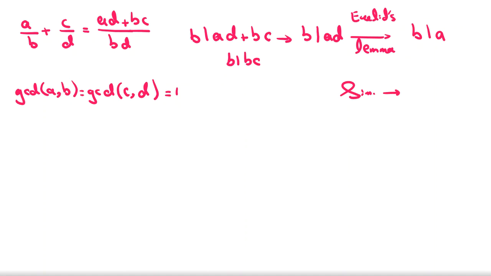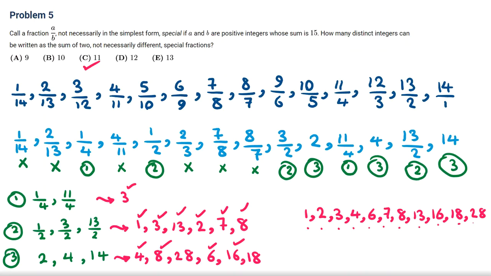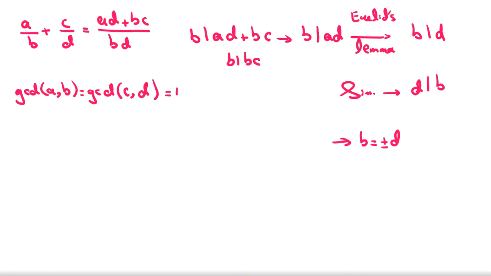Similarly, you can prove that d divides b. So b should be plus or minus d. Because the fractions are positive, they should be equal. They cannot be negatives of each other if the sum is an integer. So it is a necessary condition, not a sufficient condition.